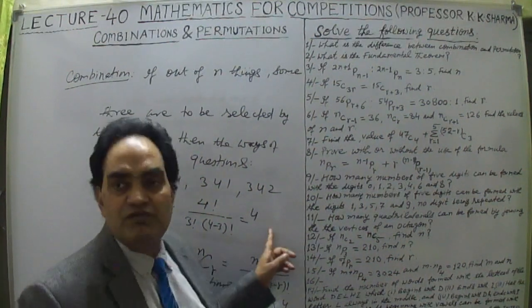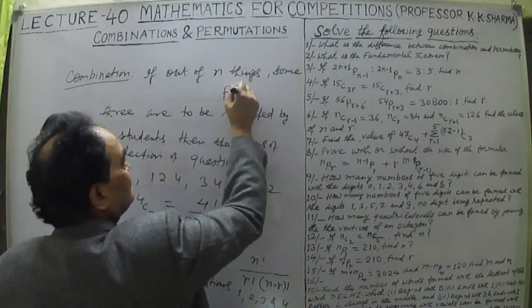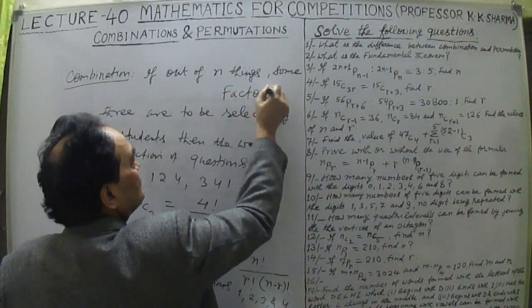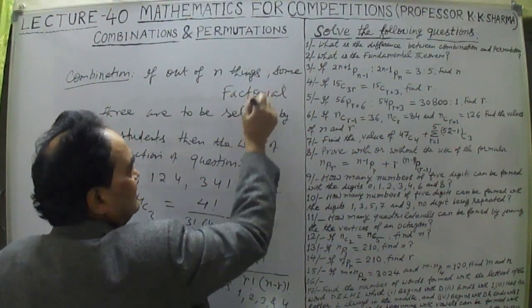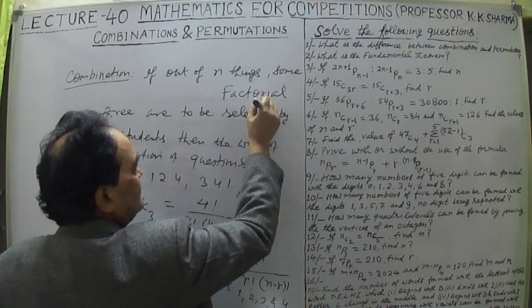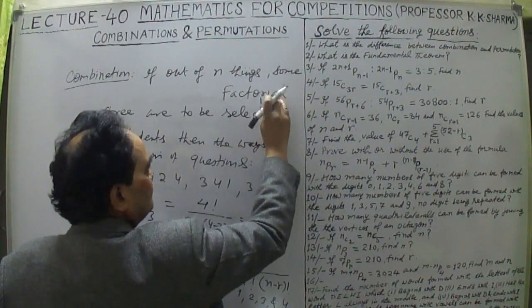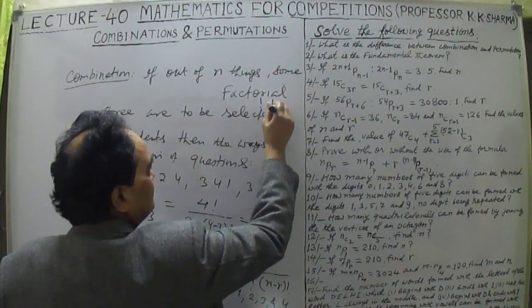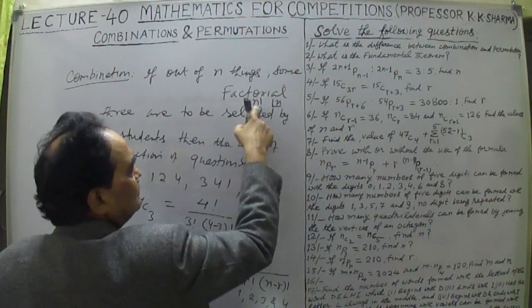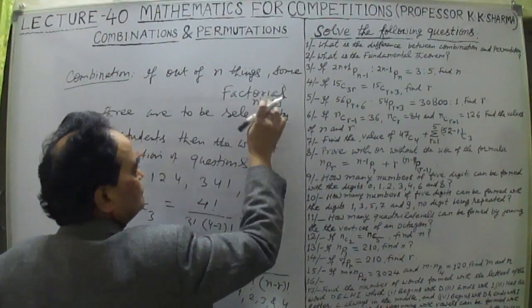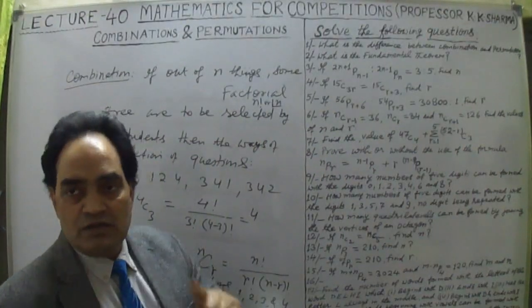Factorial is denoted either by an exclamation sign or by a straight line symbol. These are 2 symbols.